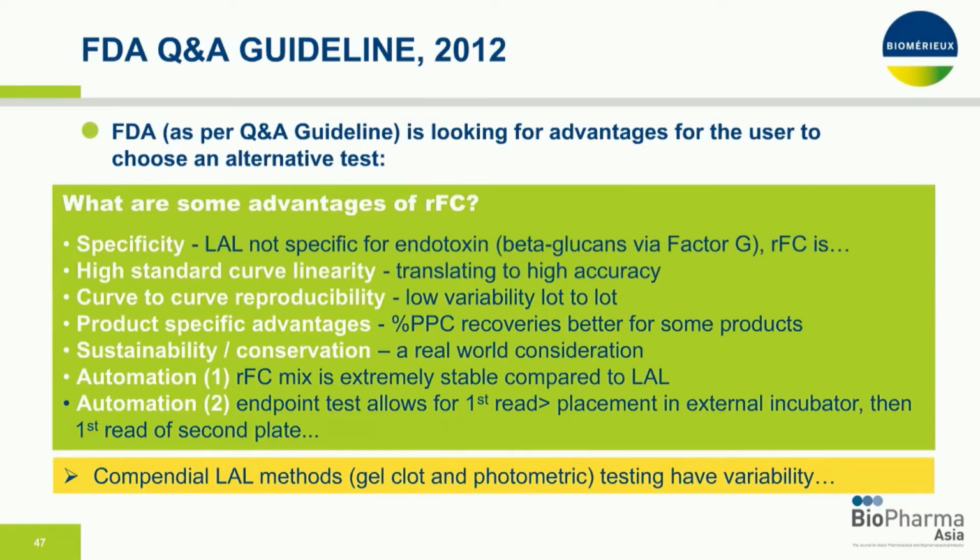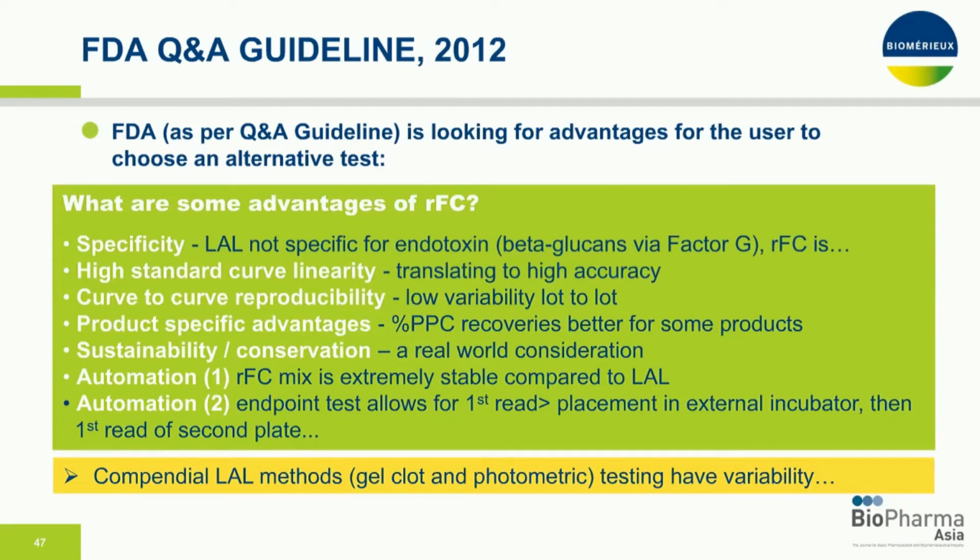We're going to talk about sustainability and conservation. Now, this is a real-world consideration and not really a USP parameter, but it's important. It's an important consideration, as we saw in that modernization paradigm. Also, in terms of automation, the RFC mix is extremely stable for several hours. This is something that you couldn't do with LAL, is leave it out on the bench while the robot goes through its tasks over time.